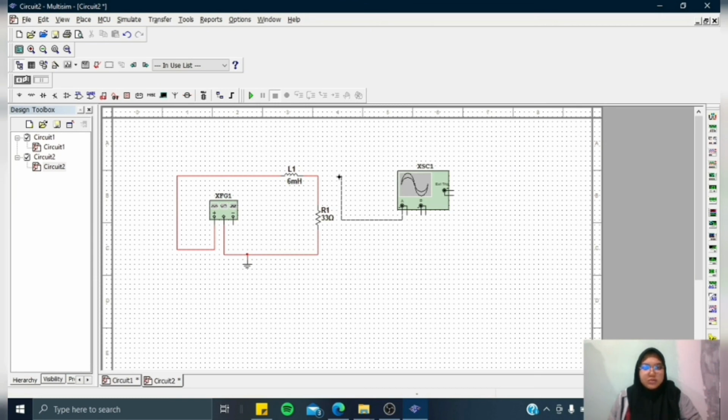For channel A to inductor, and channel B to resistor.